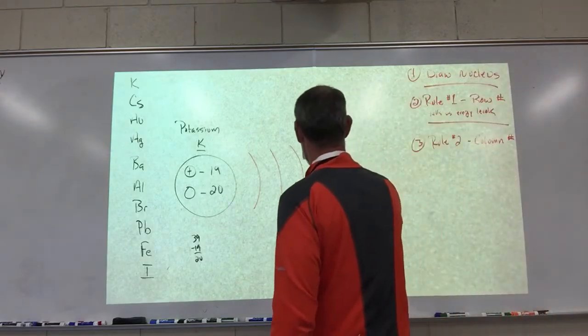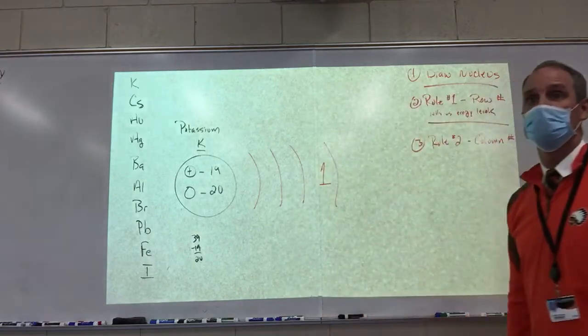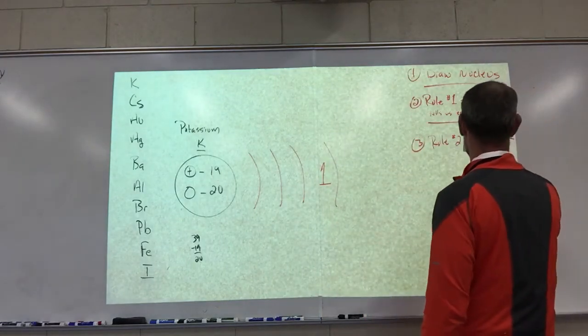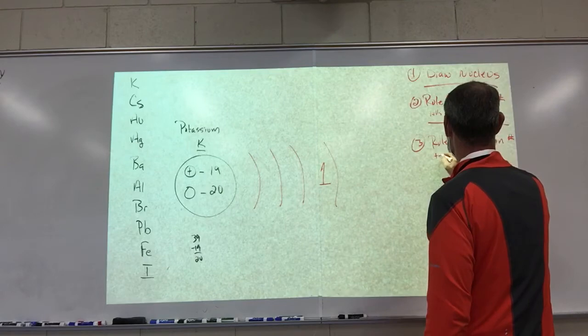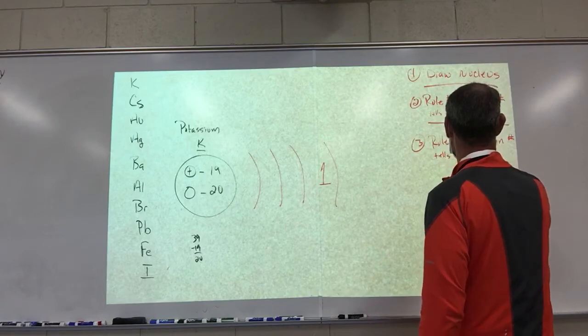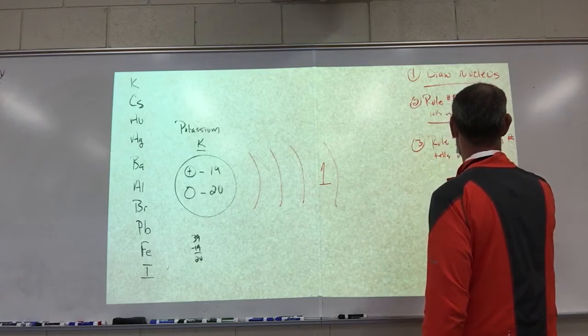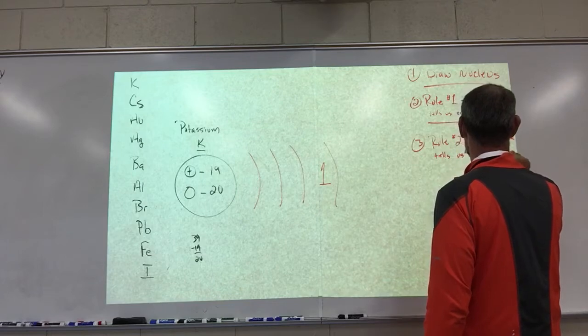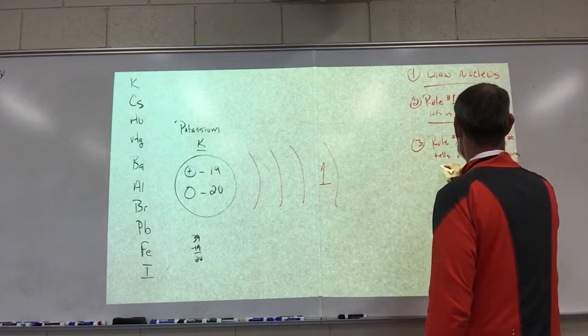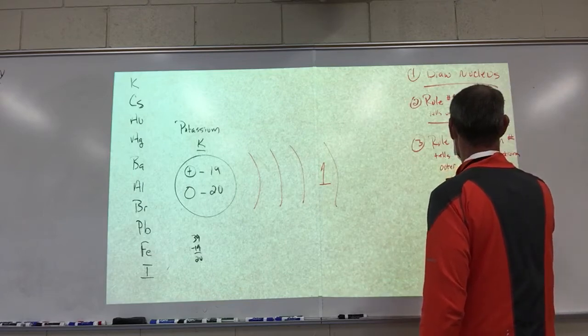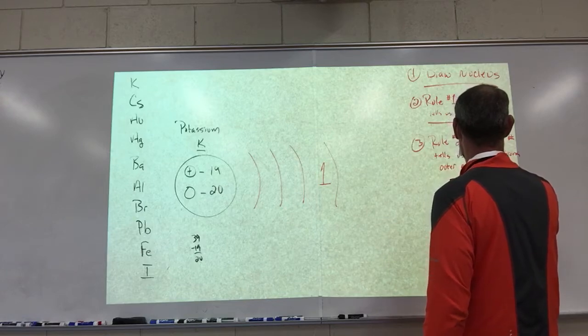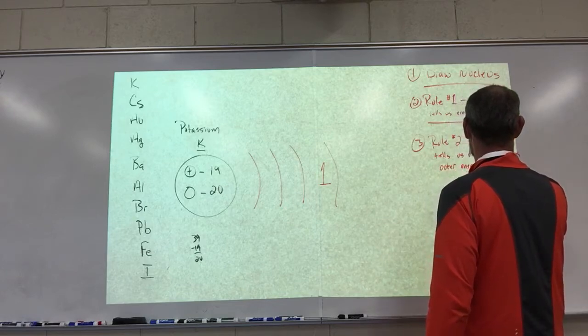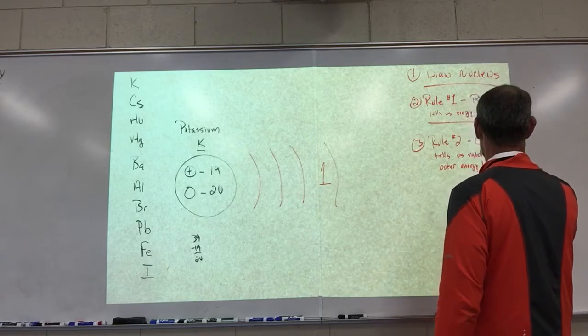So we put 1 in the outer energy level. Perfect. So rule number 2 is the column number. Tells us valence electrons, which are outer energy level electrons. Right?